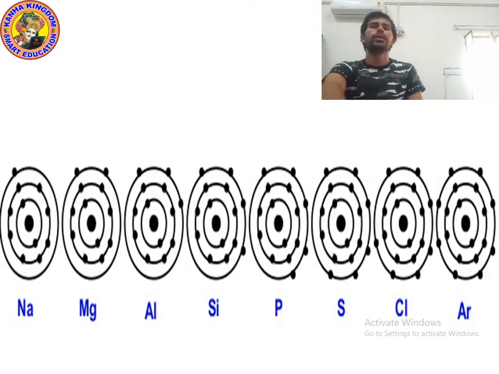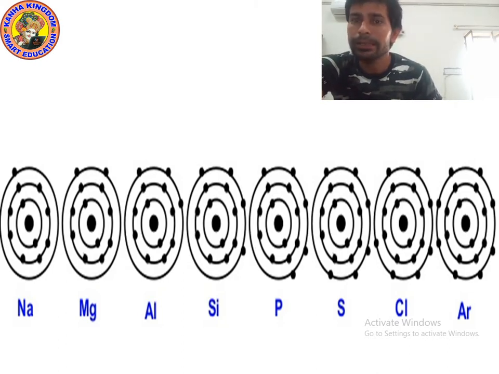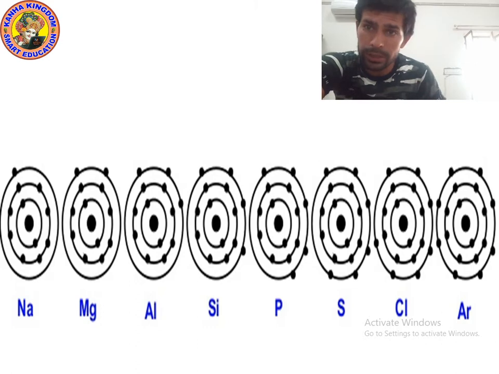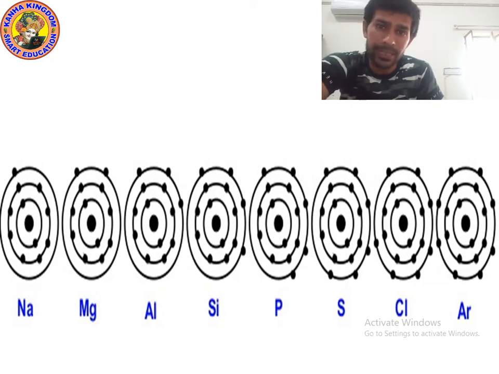Okay. Now it's time to talk for chlorine. So chlorine has 17 electrons. In first circle, we can fill 2 electron. So 17 minus 2, 15. So for chlorine, we will make 2 black dot in first shell. Now we will draw second shell.